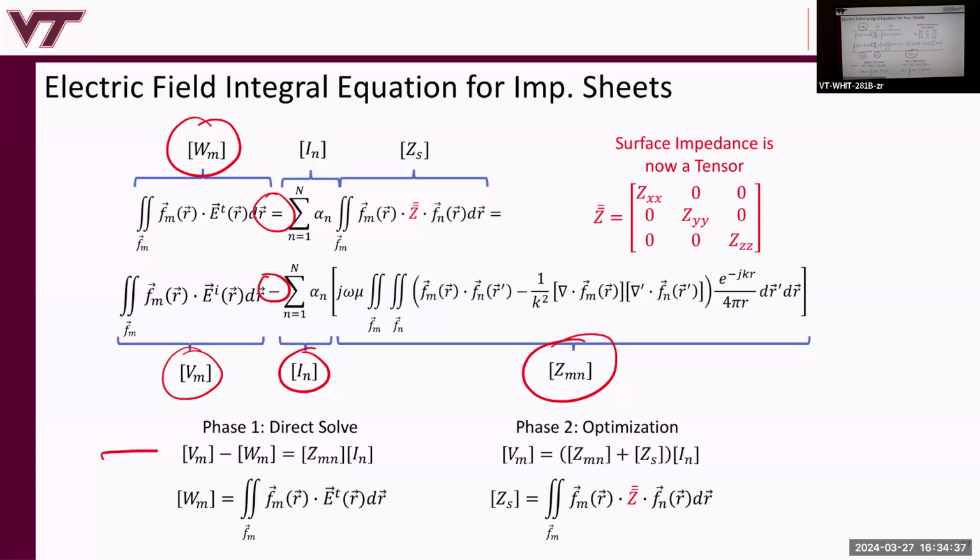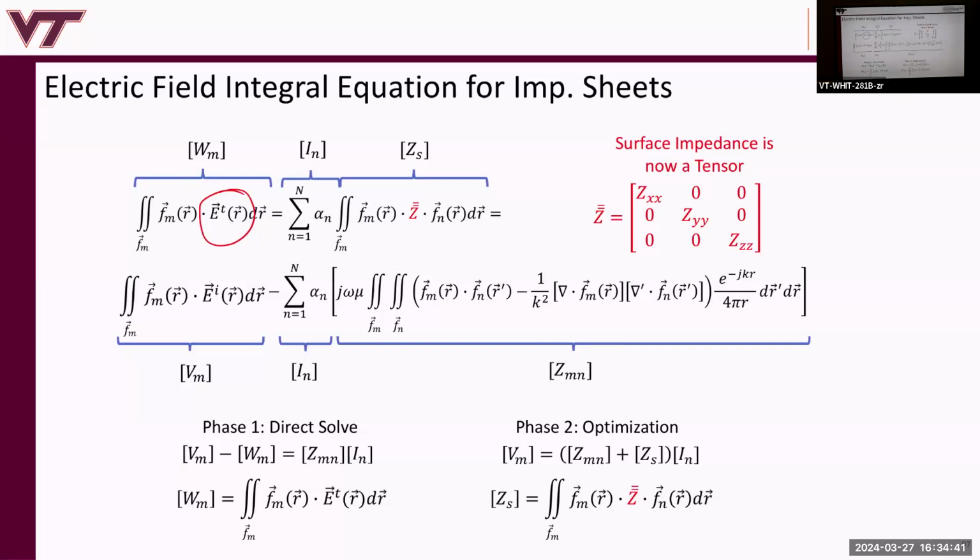All right? If you don't want to stipulate the total field, or if you know the sheet impedances already, so you're not designing them, you know them, then you use this equality. Then your matrix equation is I times Z is equal to V plus I times ZMN, which is this one, right?